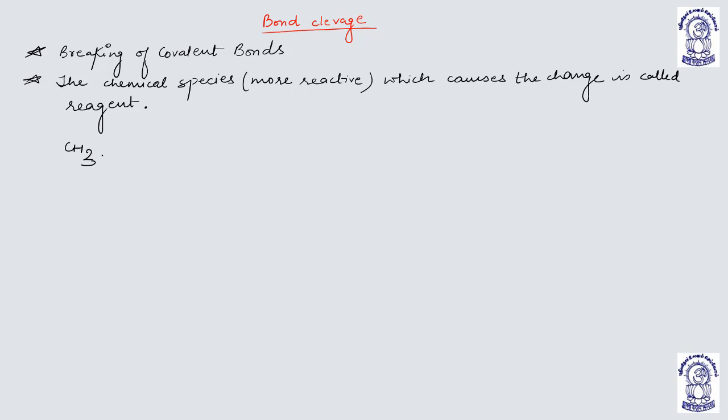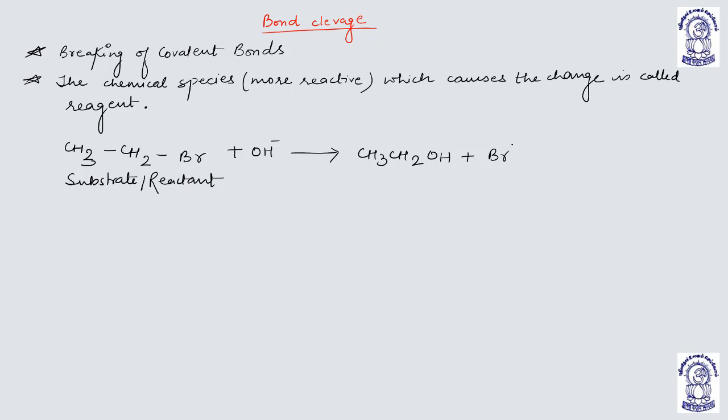So for example, we are having a reaction. This is the substrate or the reactant. It undergoes a nucleophilic substitution reaction, which is the type of reaction, to form alcohol.